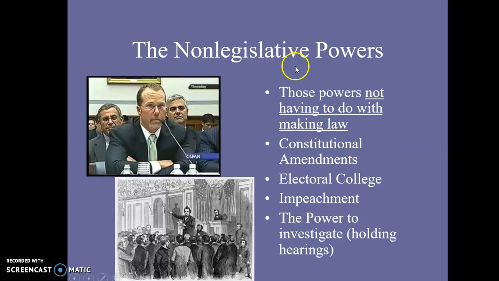Congress can investigate whether it's scandals or money that's been misappropriated, or high crimes and misdemeanors. For example, earlier in the year, we had Donald Trump's impeachment hearings. Congress investigates issues of impeachment of the president, and issues of constitutional amendments, where a 3/4 majority would be required in our Congress in Washington, D.C., but also in 3/4 of our state legislatures.